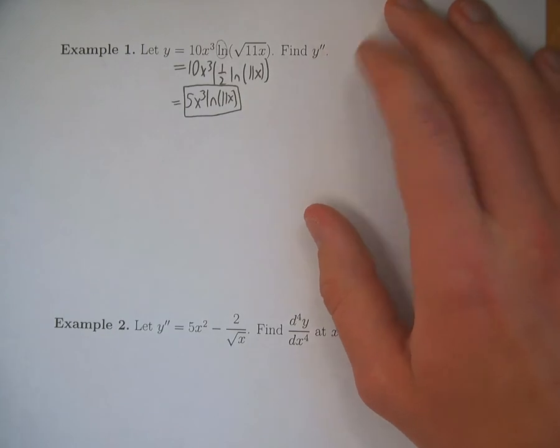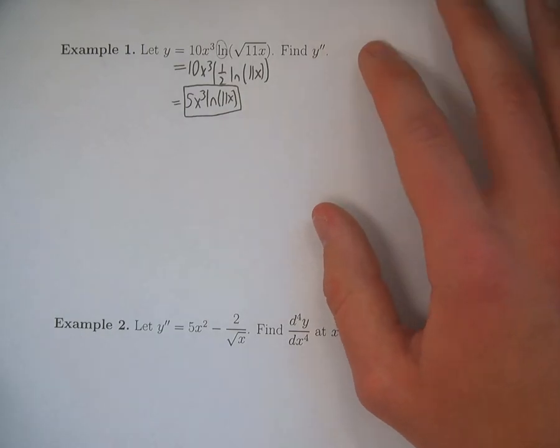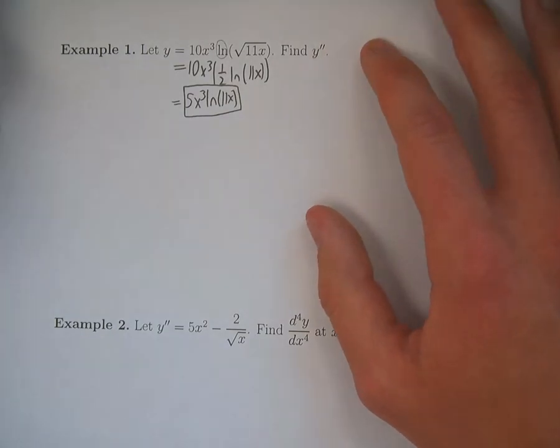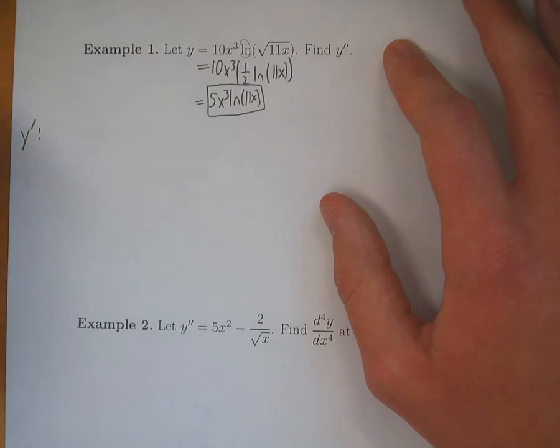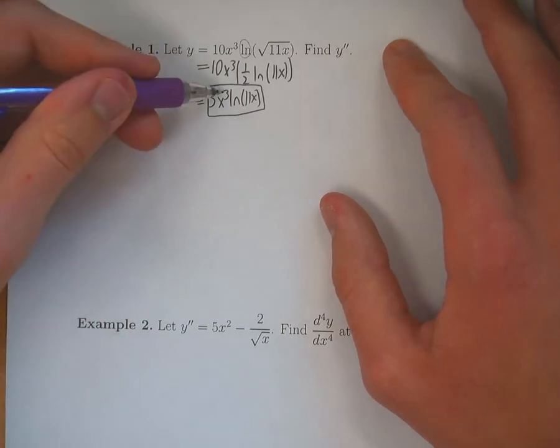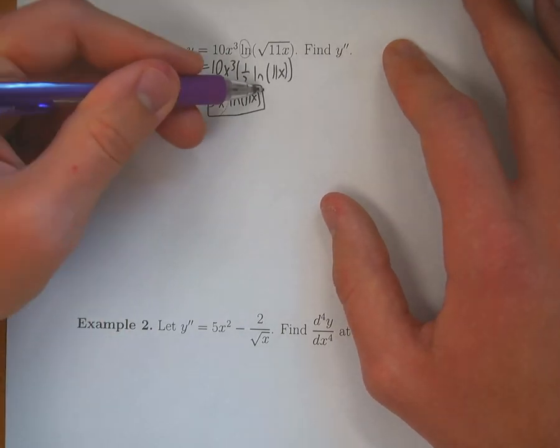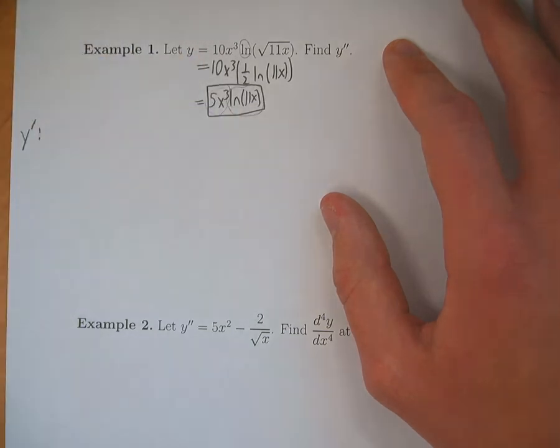So let's go ahead and use that. If you wish to find the second derivative, it might help if you find the first derivative first. Here we have one function of x times another function of x, so what should that indicate about how we need to find the first derivative?